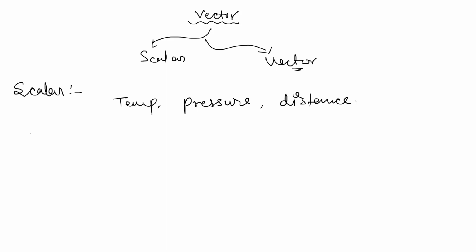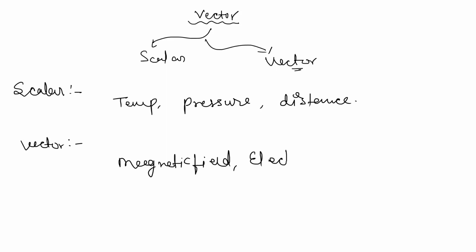Let's move to the vector quantity. What is a vector? A vector is something like a magnetic field or electric field, because without direction it does not have full meaning. That's why we have to define a direction. Like we say an electric field has a strength of 30 newton per coulomb.